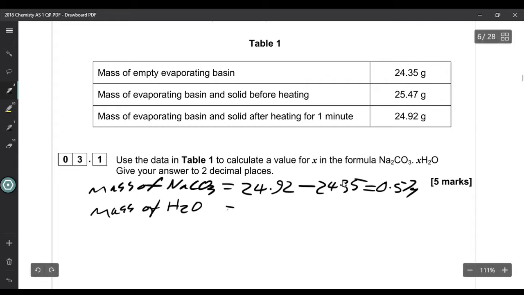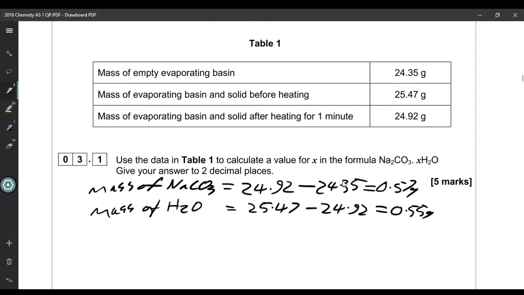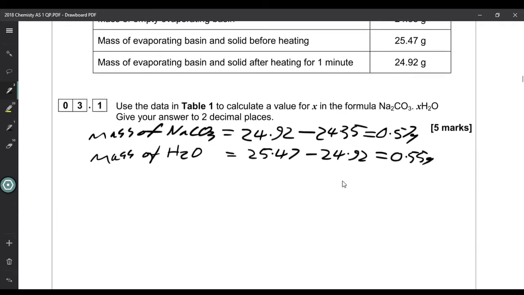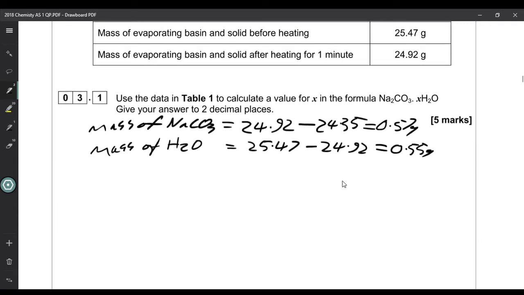So that's going to be 25.47 minus 24.92, which gives us 0.55 grams of water.